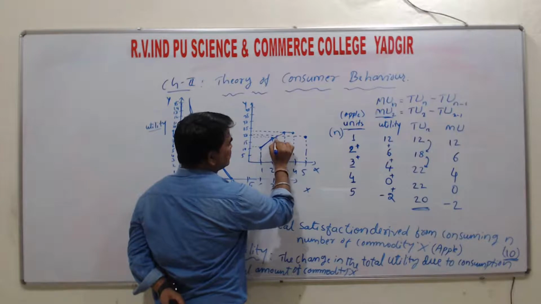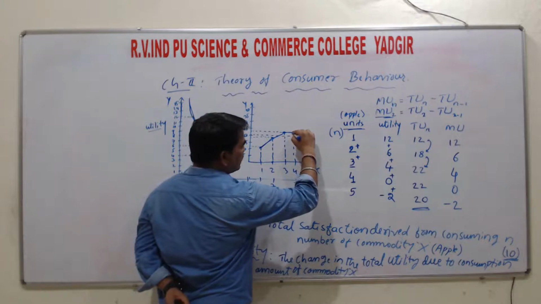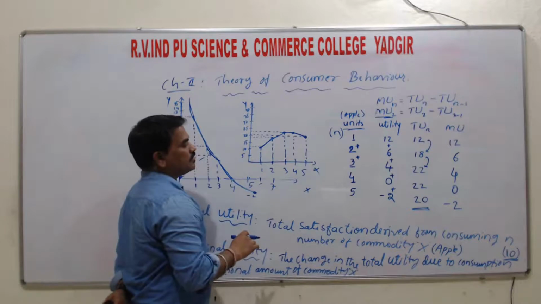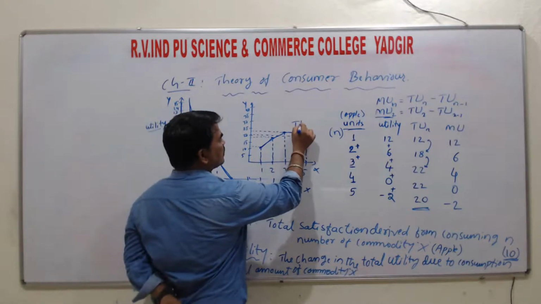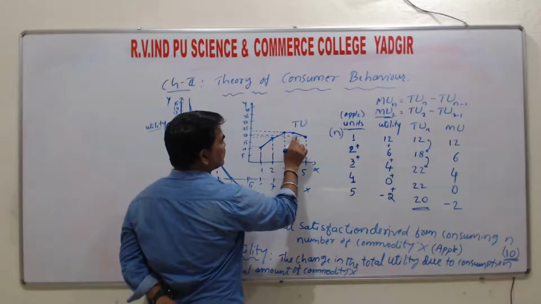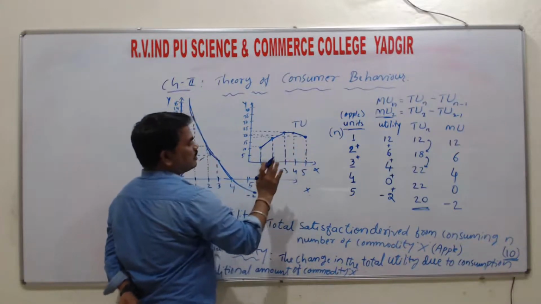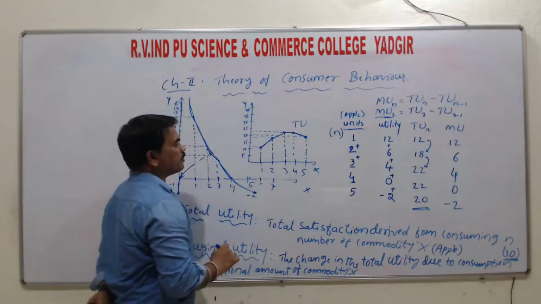It increased, and after the third apple, for the fourth apple it is constant, and for the fifth apple, it is declining now. So it has started diminishing, right? So this total utility initially increases, later it reaches the peak and it starts behaving neutral. It is constant here. After that, it started declining.